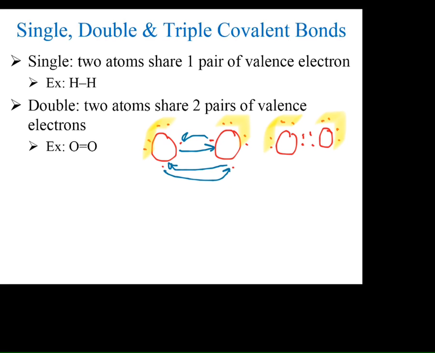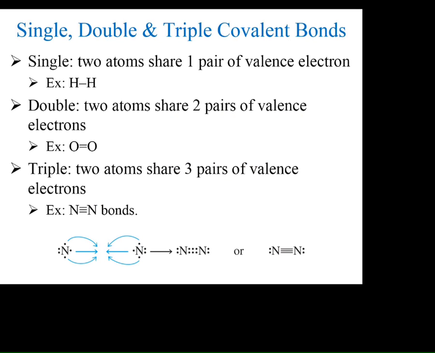Now, how about nitrogen? Nitrogen has how many valence electrons? 5. So it needs to share 3 more. So for N2, nitrogen needs 3 bonds, and it can make all 3 with itself. One nitrogen offers its 3 singles, the other one offers 3 singles, and they hold hands 3 times and make a triple bond.